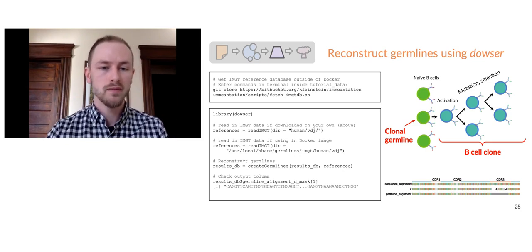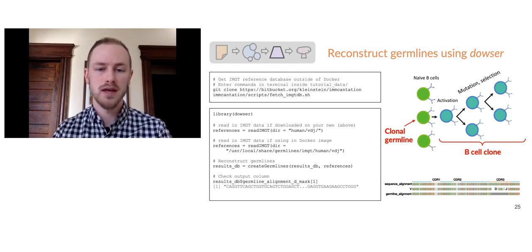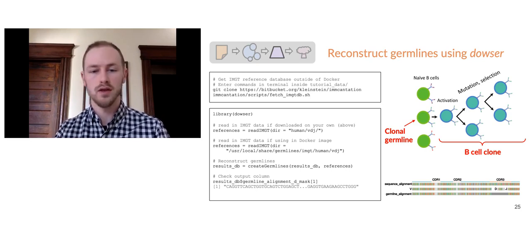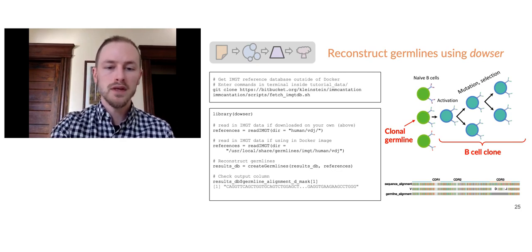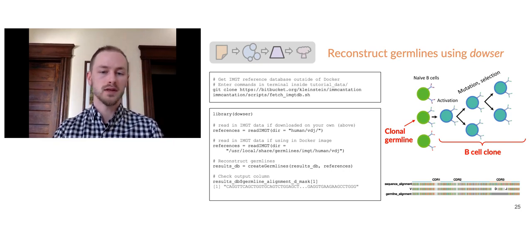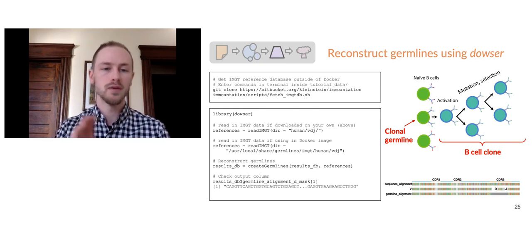Here, that outside information is going to be the IMGT reference database. So this is a database of human and other organism germline, immunoglobulin, heavy chain, and light chain alleles. The easiest way to get this is to clone the Immcantation repository, which you can do using Git.